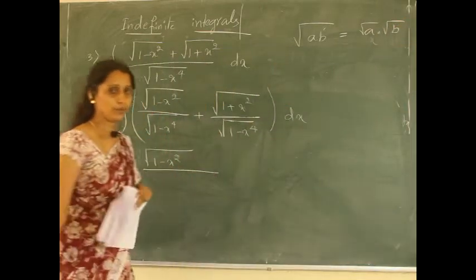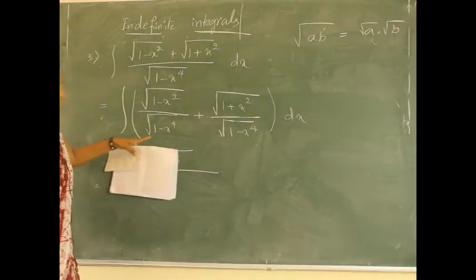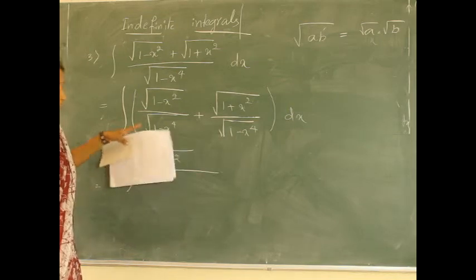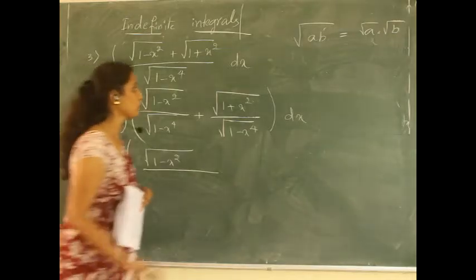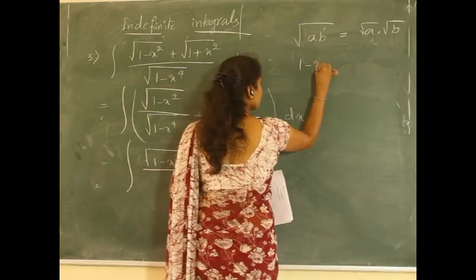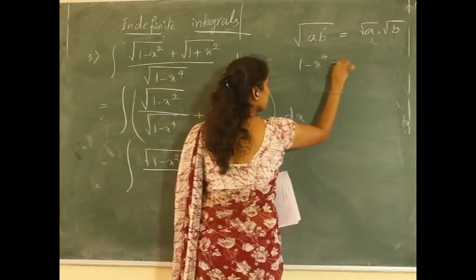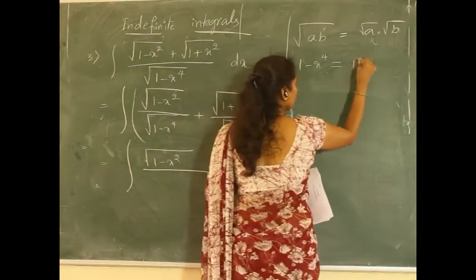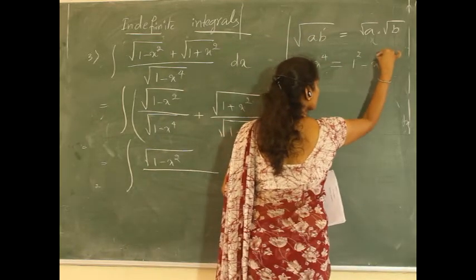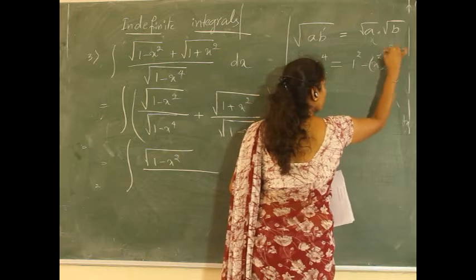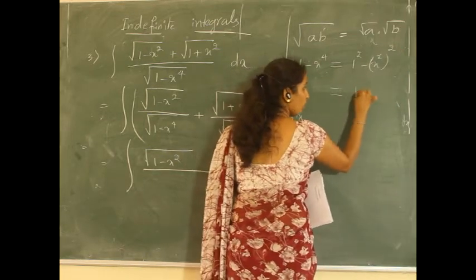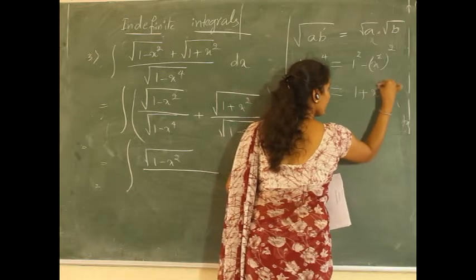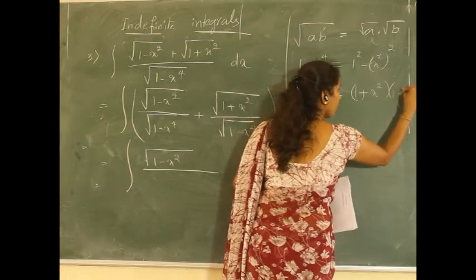Therefore, we can split root of 1 minus x power 4. We know that 1 minus x power 4 is equal to 1 square minus x square whole square, which is in the form of a square minus b square. So 1 plus x square, 1 minus x square.